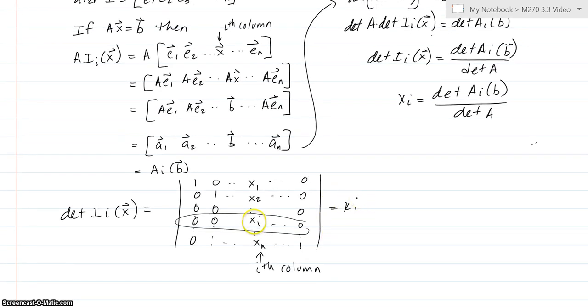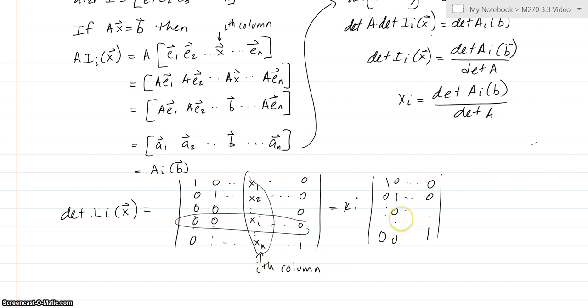And x sub i would be plus because it's along the diagonal, plus, minus, and so forth. And the determinant left over would just be the identity matrix, because we would take out all the x's, and what's left over is all 1.